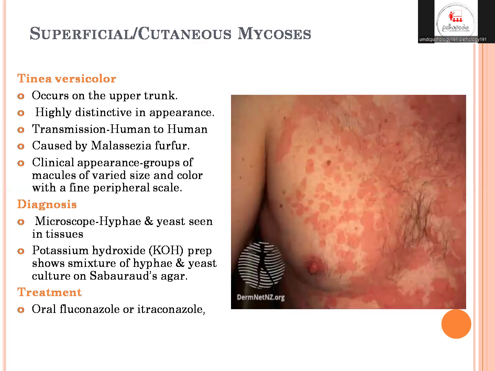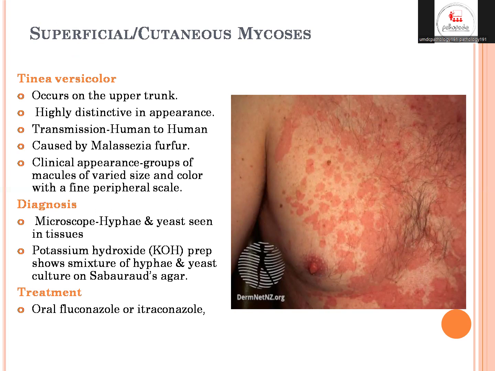Another type of superficial cutaneous mycosis is tinea versicolor, and it mainly occurs on the upper trunk, highly distinctive in appearance, transmitted by human to human, caused due to Malassezia furfur, and clinically appears as groups of macules of varied size and color with fine peripheral scale.